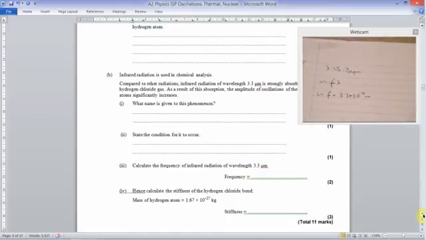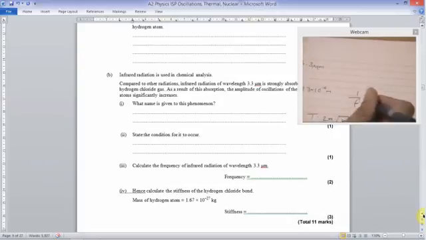Then it's saying, hence calculate the stiffness of the hydrogen chloride bond. Well, if you have frequency and you do 1 over the frequency, that's going to give you a time period. That then needs to go back into the expression from before. They've given you the mass, you know 2 pi is constant, so you rearrange for k.